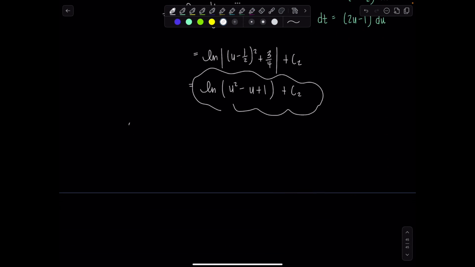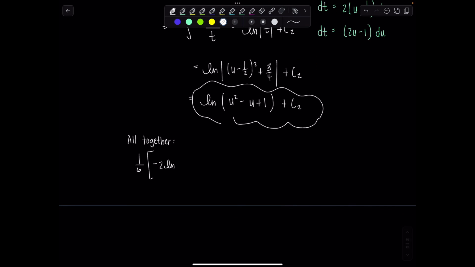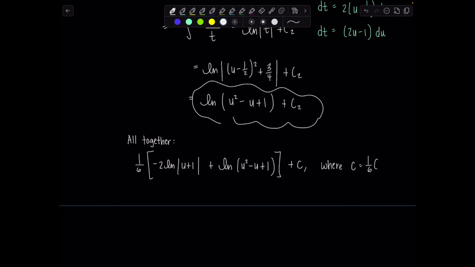So all together now, all together, we have 1/6 times, what was it, -2 natural log absolute value u plus 1 plus natural log u squared minus u plus 1 plus c, where c is 1/6 times c1 plus c2. And then let me distribute the 1/6.